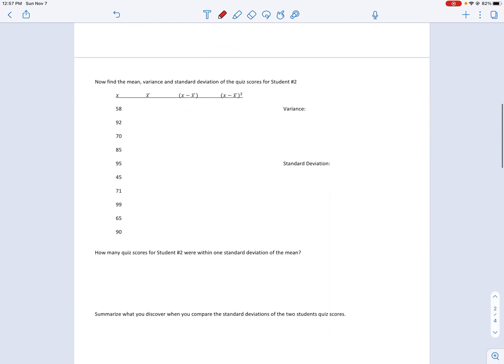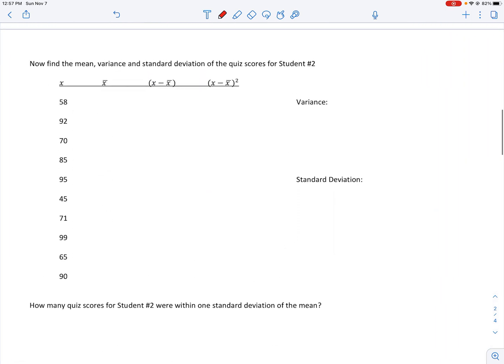So let's move on to the next one. Now find the mean, variance, and standard deviation of student number 2. Again, remember x bar is the same thing as mu, so you could write mu's here as well, because you'll see both. First we need mu, which is the average. So we need to add up all of our 10 numbers and divide by 10.